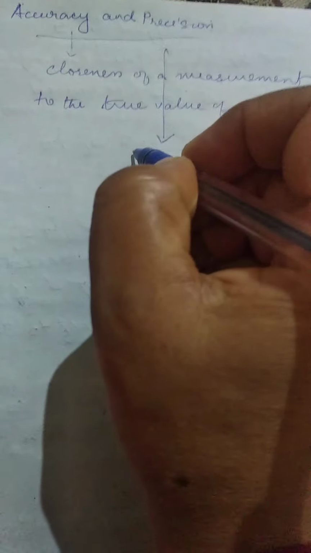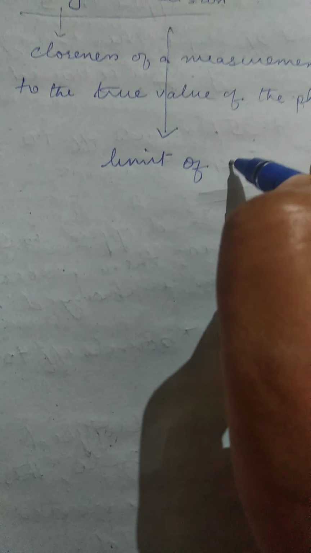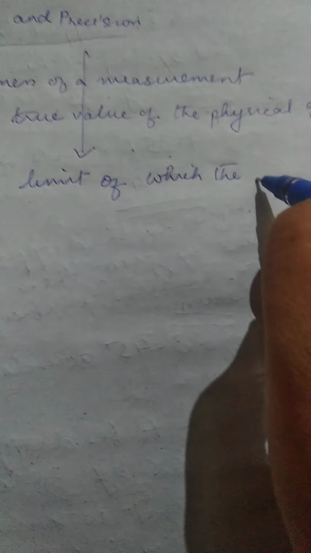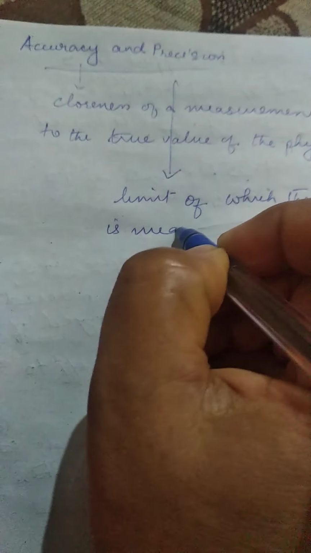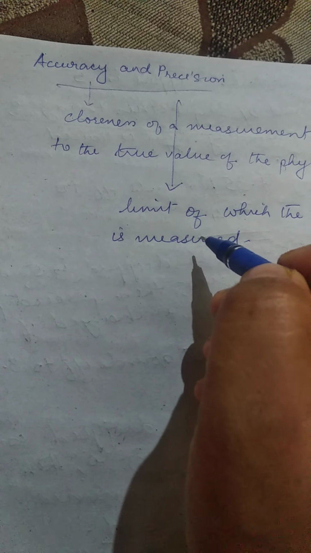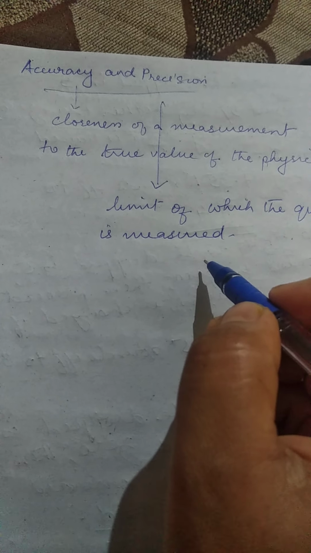So precision means the resolution, or the limit to which the quantity is measured. That is, how precisely you can measure the value.